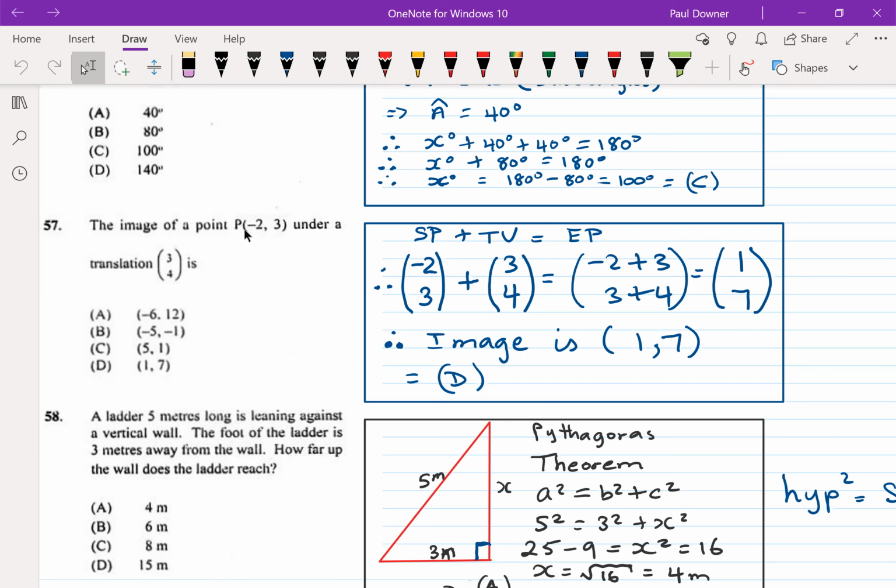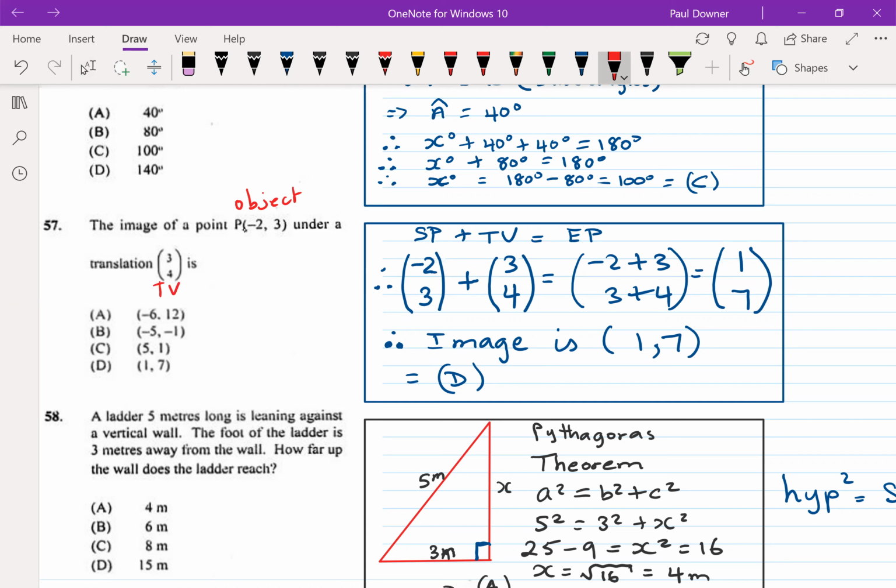P is the object. Beautiful. So let's take note that P is the object, so I write "object" above it. What is the translation vector in this question? 3, 4. So I'm going to write TV for translation vector. Good? So we agree and we identify what is the object and what is the translation vector.